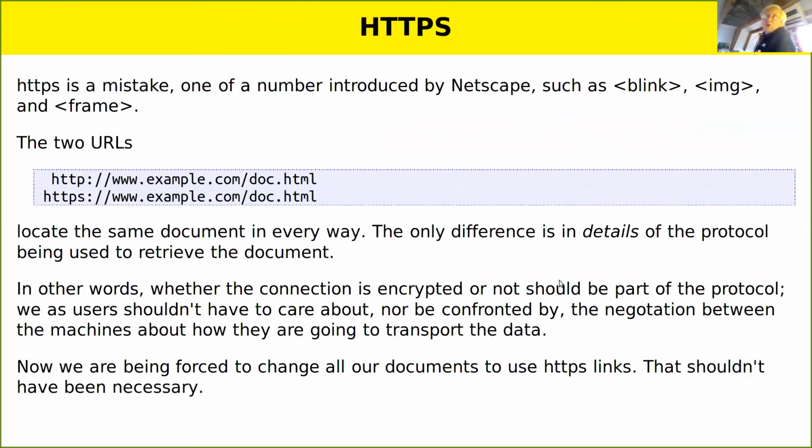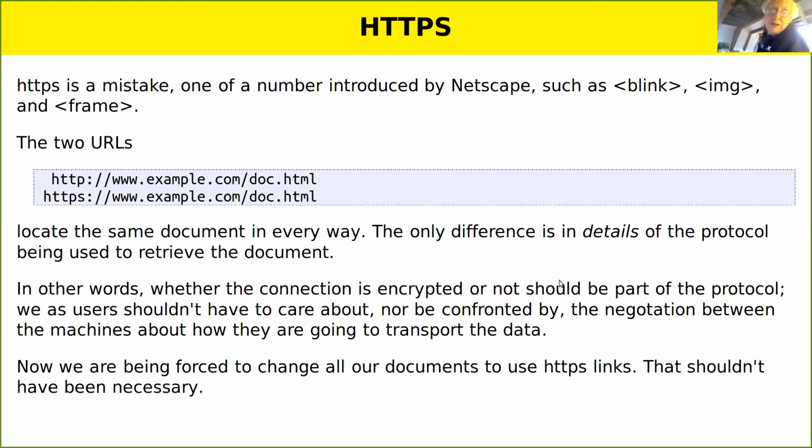So having got to the end of the URL, let's now go back to the beginning and talk about a couple of issues. Firstly, HTTPS. HTTPS is a mistake introduced by Netscape along with a number of other mistakes that they made, such as the blink tag, their design of the image tag, and the frame tag.